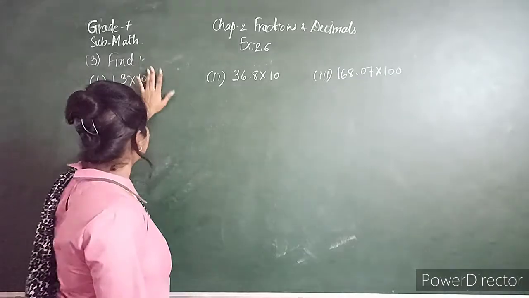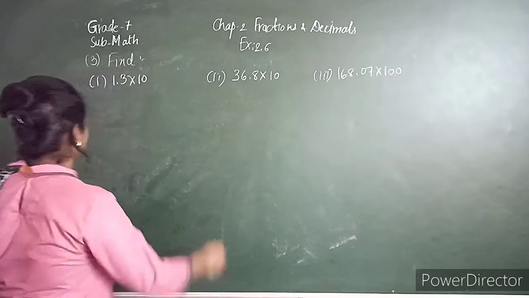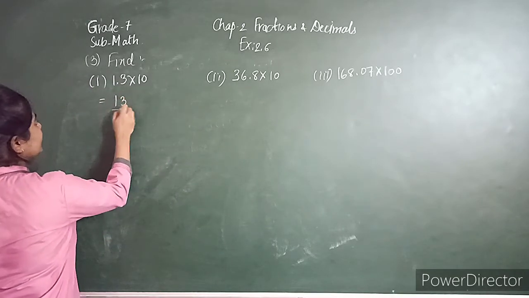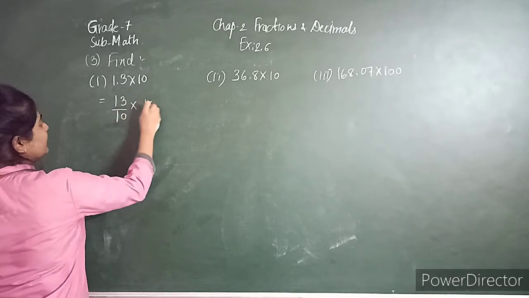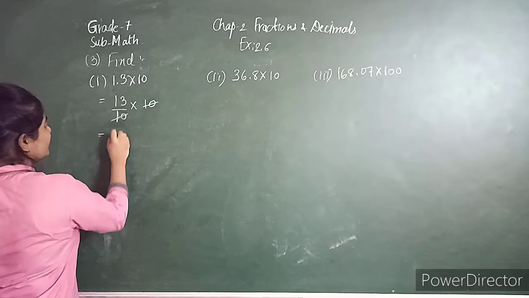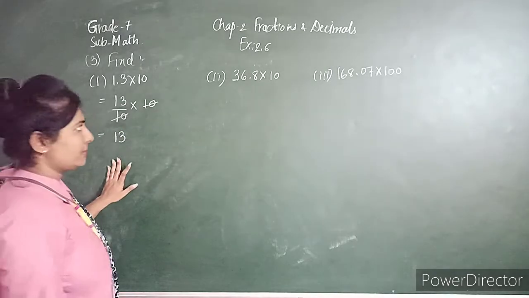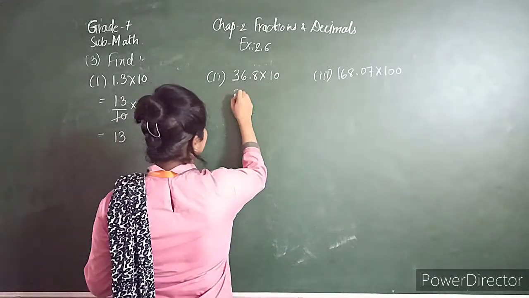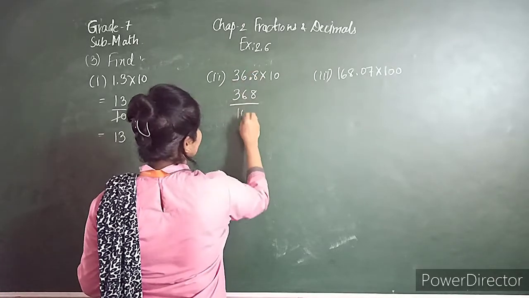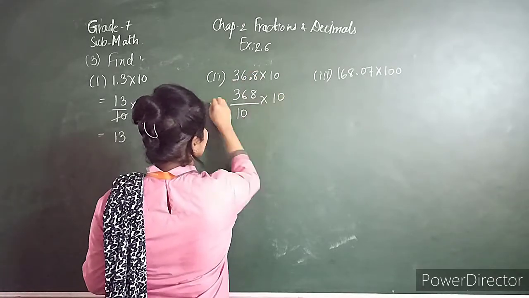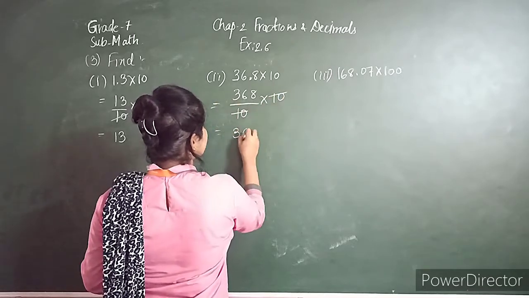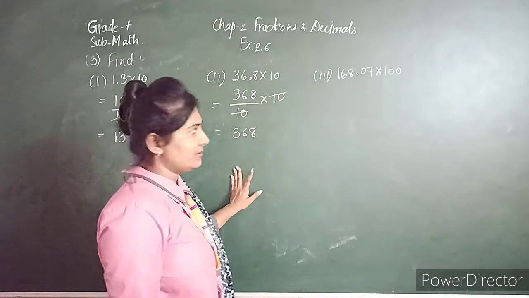Now question number 3, find 1.3 into 10. Here the point is before one number, so we write 13 upon 10 and here also 10. The 10 is cut, so our answer is 13. Now 36.8: the point is before one number, so we put 10 in the denominator. Here also 10 is cut, so our answer is 368.